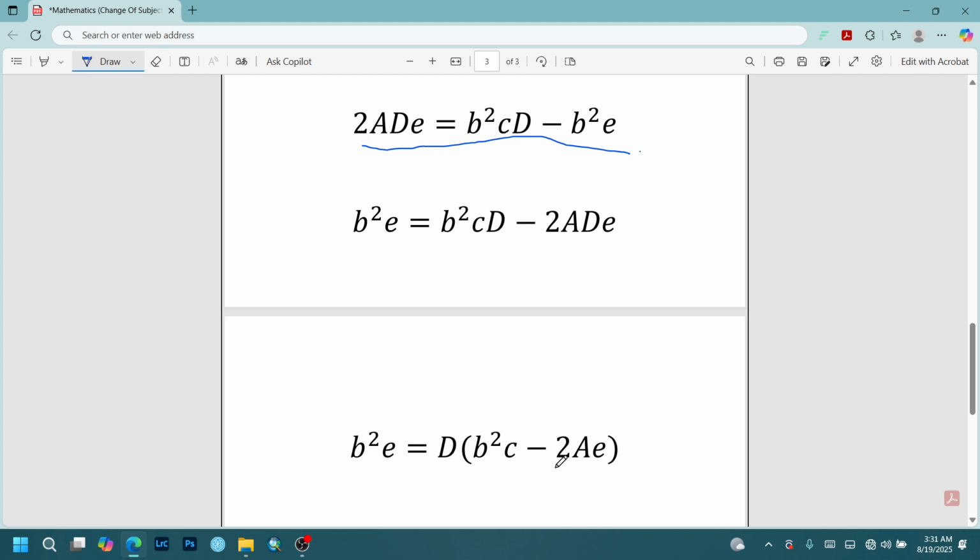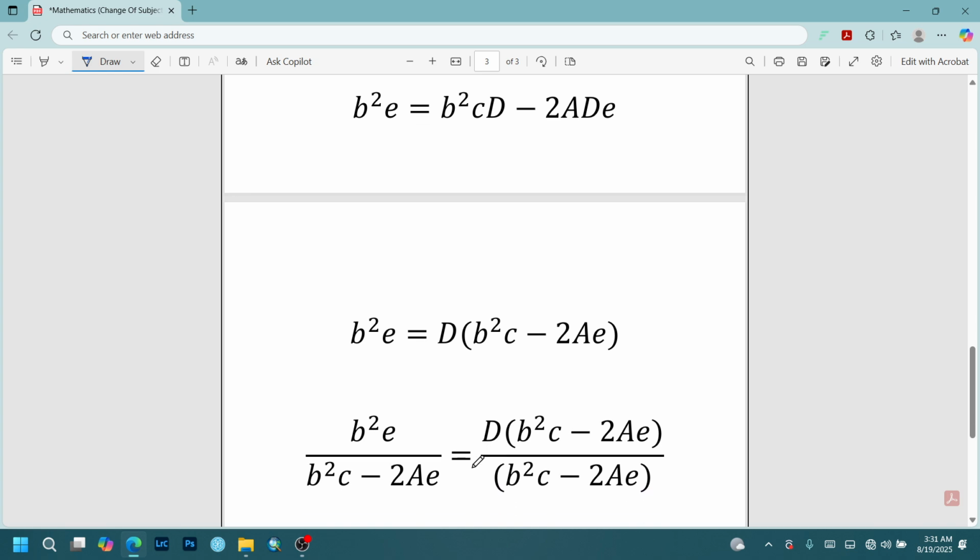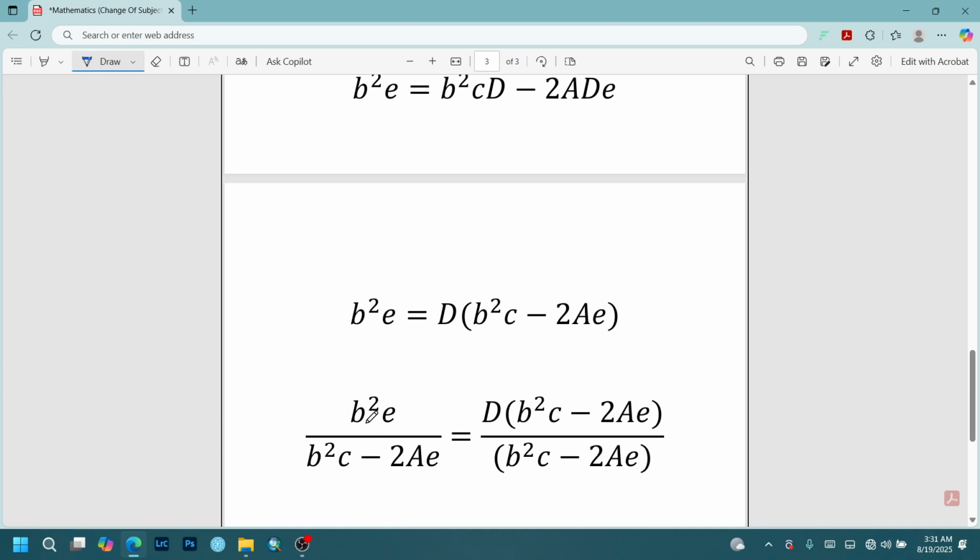And whatever you do for the left hand side in mathematics, you do same for the right hand side. So when we are canceling out with b squared c minus 2ae, we have to do same for our other half of the equation, which is b squared e. So we are going to get our new equation to be the fraction b squared e over b squared c minus 2ae equals the fraction d multiplying b squared c minus 2ae over b squared c minus 2ae.